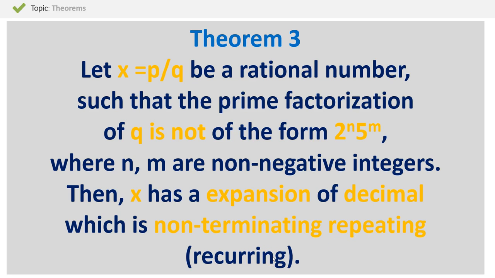So now, using theorem 3, you can always say a given rational number will have a decimal expansion which will not terminate but repeat if you are not able to transform q as 2 to the power n and 5 to the power m.